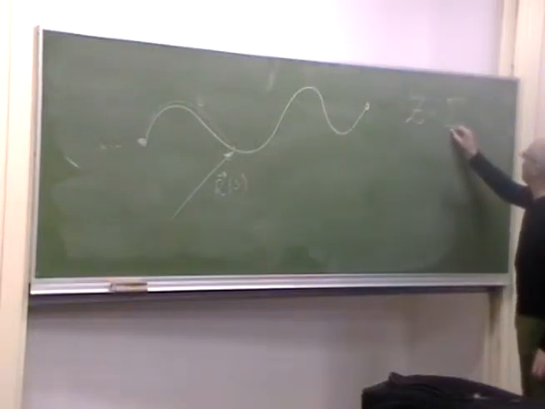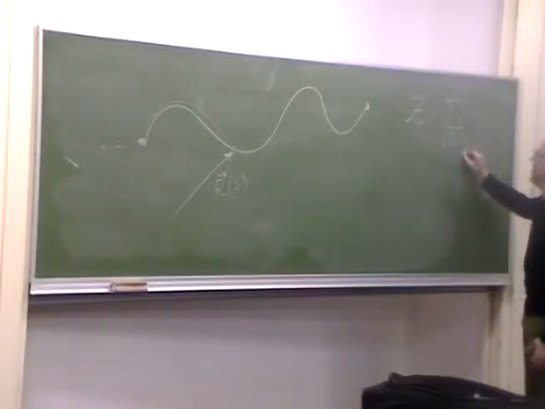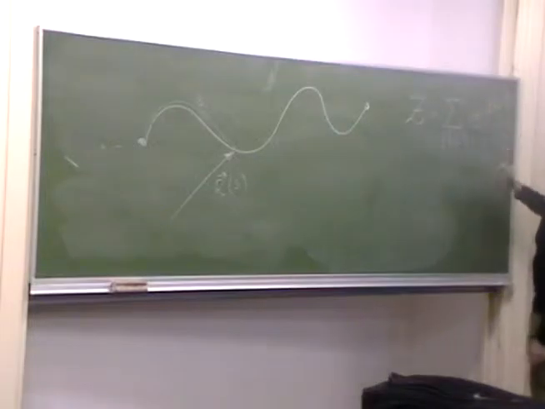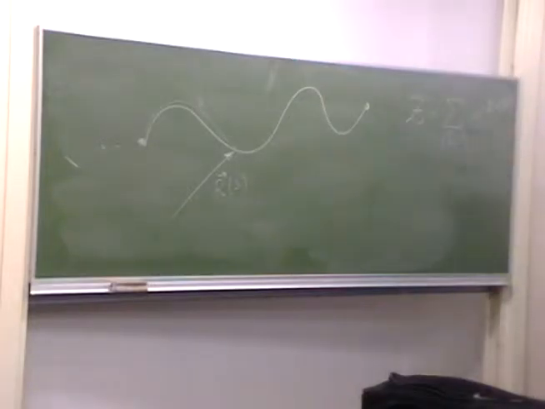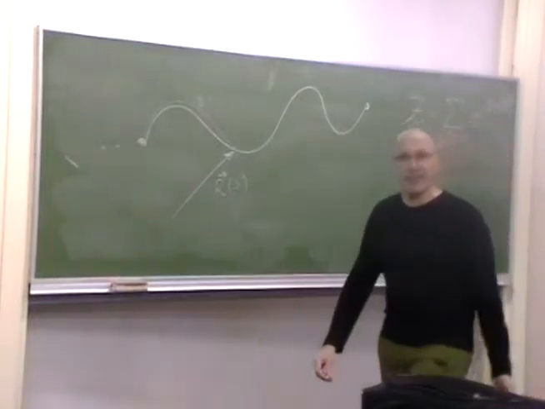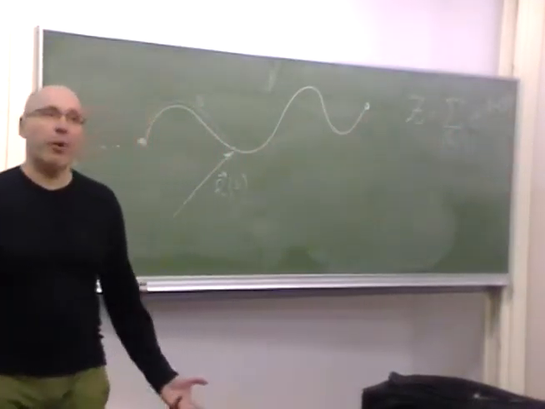So we need to sum over all possible ways, all possible shapes the polymer chain can have, and write down the appropriate Boltzmann weight associated with the specific configuration of the chain. That's our basic statistical physical challenge when describing anything with polymers in them.